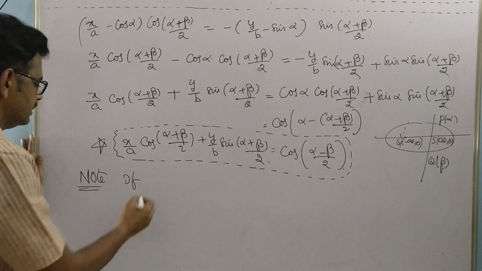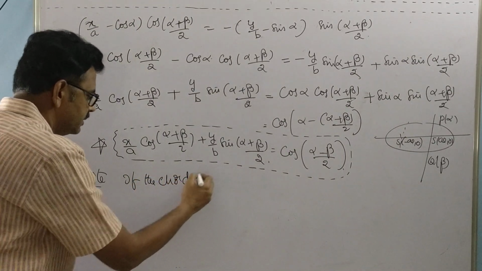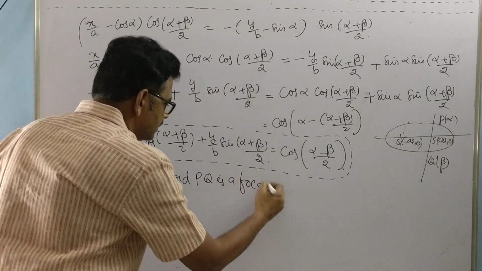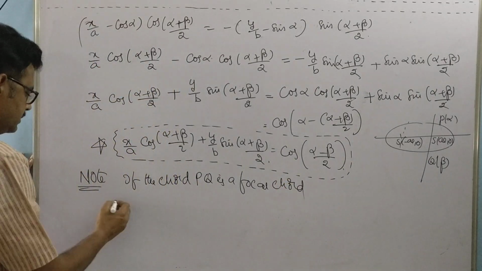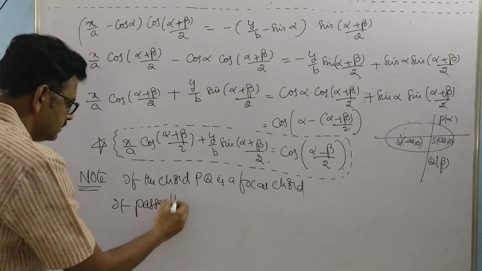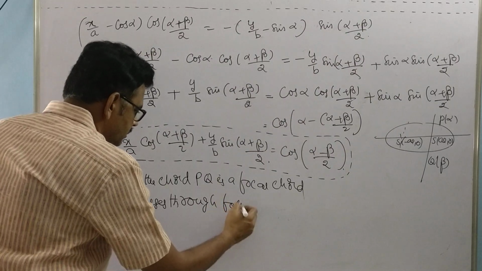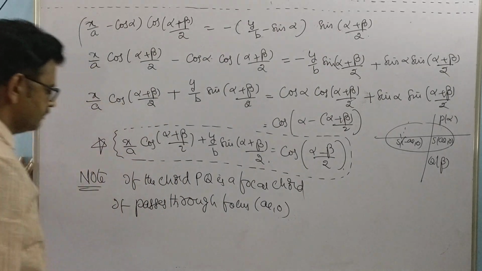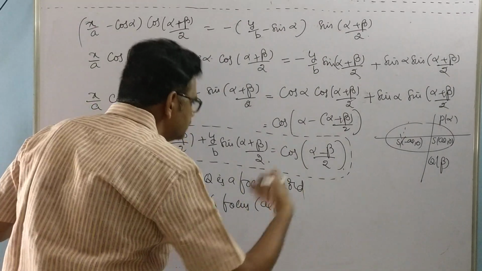If the chord PQ is a focal chord, so it passes through the focus. I am taking the focus as (AE, 0). Suppose if you take the focus as (minus AE, 0), you have another value.